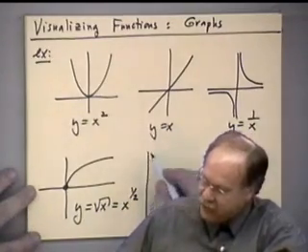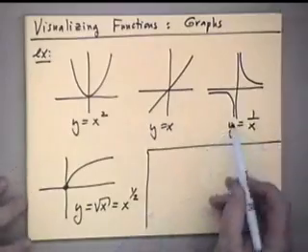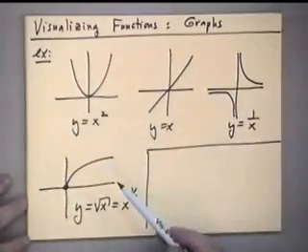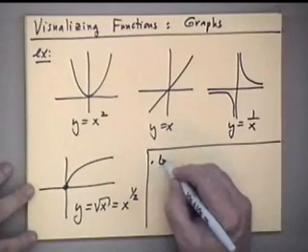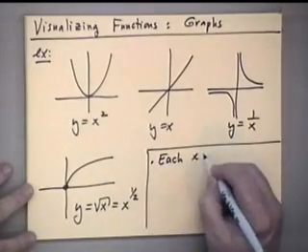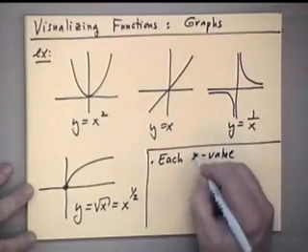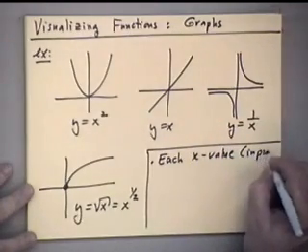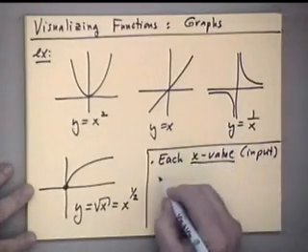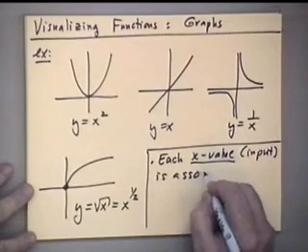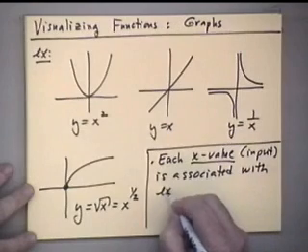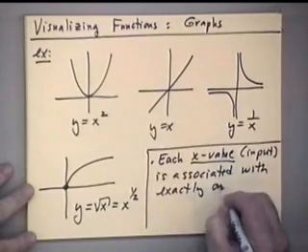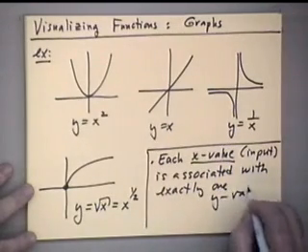These are each examples of the graphs of functions, the way we visualize functions most commonly, and they're very, very handy. Notice that in all of these pictures, each x value was what we previously called an input. Each x value is associated with exactly one y value.